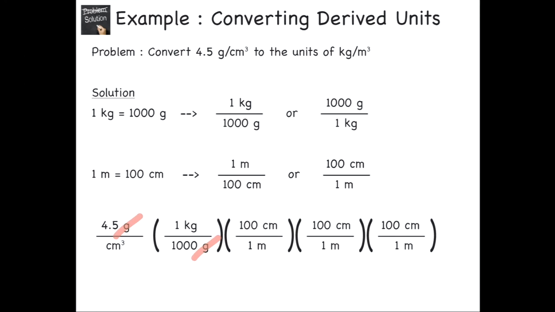And then I'm left with meters, meters, meters. So it's kilograms per meter cubed. All those cancel except for those. And I have 4.5 times my 1 times my 100 times my 100 times my 100 divided by the 1,000 here. And I didn't bother writing all the ones out. Okay? So that's from start to finish how you do even more complex conversions.